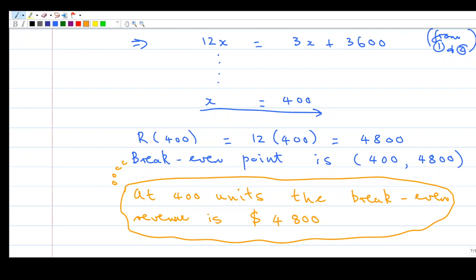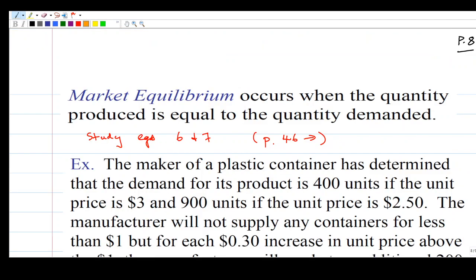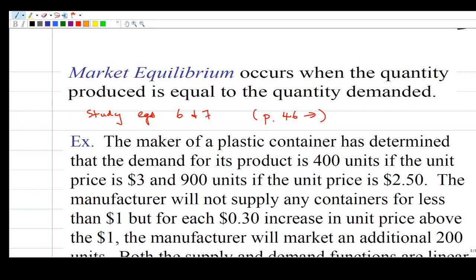We now move on to page 8, and there's a new concept. The concept is market equilibrium. This occurs when the quantity produced is equal to the quantity demanded.